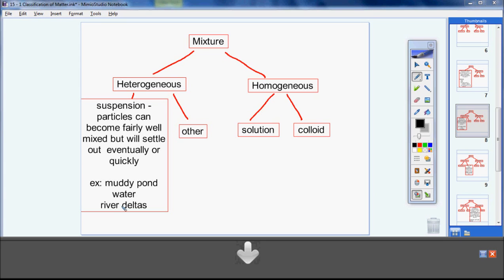Or quickly. Sometimes they settle out really, really fast. For example, if you mix up sand and water and you shake it up, the sand will fall down really, really fast. In our example, muddy pond water or river deltas.